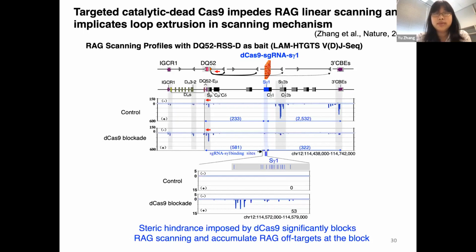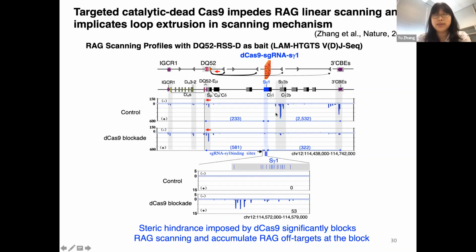We also took advantage of the S-gamma-1 region in the downstream scanning pathway of the DJ domain. This is because the S-gamma-1 region is very repetitive, and it can provide multiple Cas9 binding sites, and therefore could presumably form a very strong barrier.